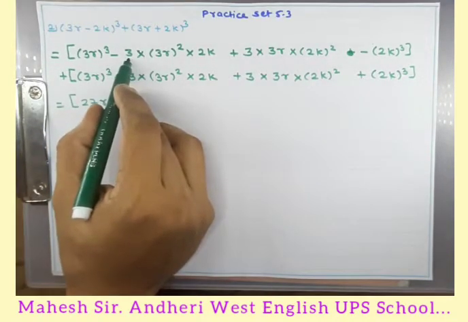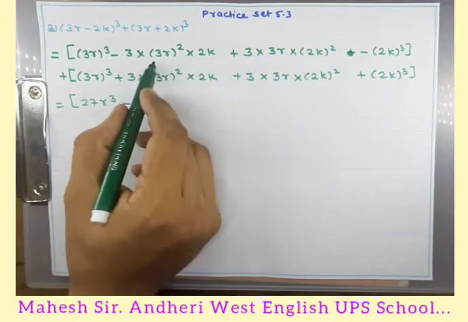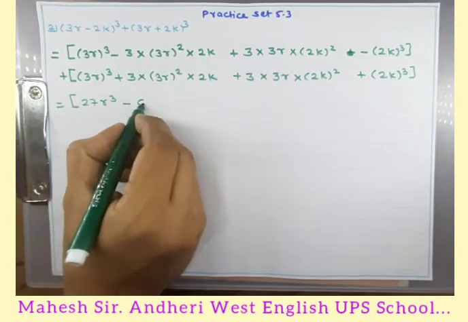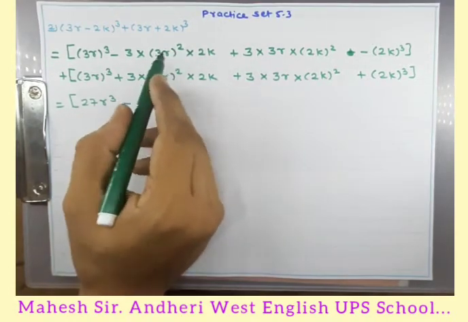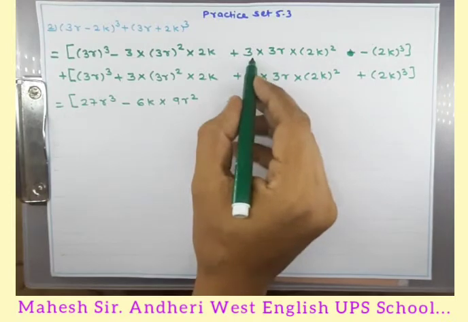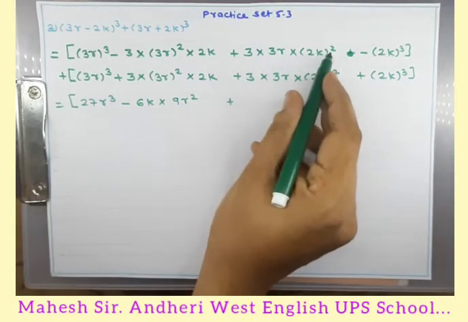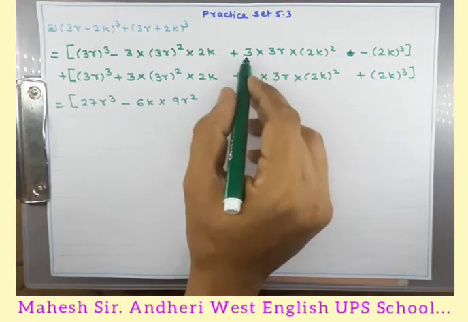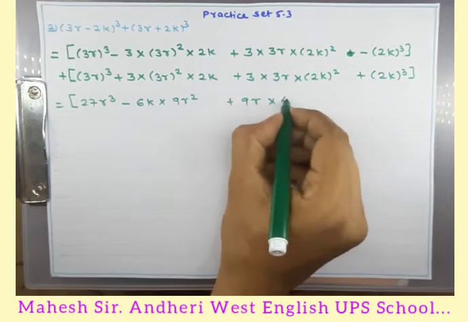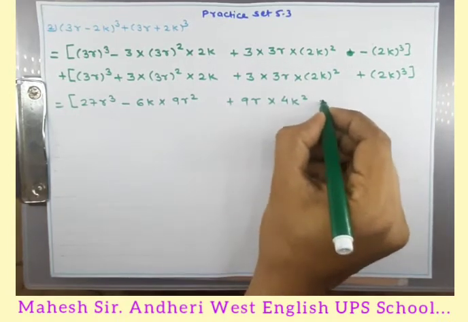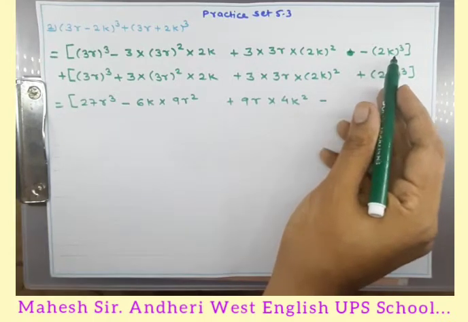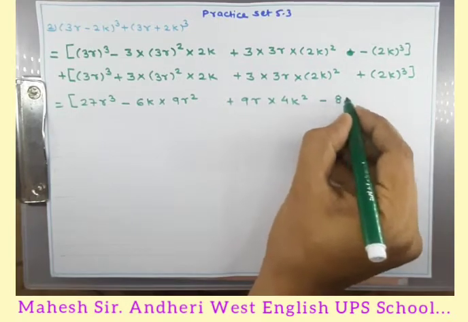Here first 3 into 2k I will multiply, and then the square of 3r. 3 into 2k is 6k multiplied by 3r square. 3 square is 9, and r square is r square, plus 3 into 3r into the square of 2k. 3 threes are 9r multiplied by (2k) square. 2 square is 4, and k square is k square, minus (2k) cube. First the cube of 2, then the cube of k. 2 cube is 8, and k cube is k cube.